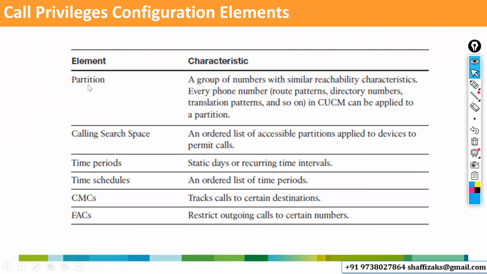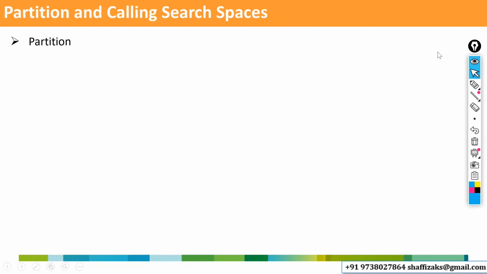Now let's discuss what exactly partition and CSS are, how they work, and how we can configure them. That's very, very important. Why? Because without partition and CSS, it's not possible to create the dial plan or calling.